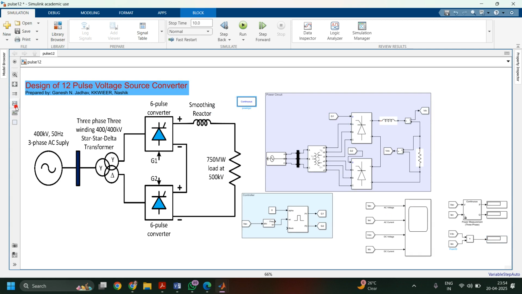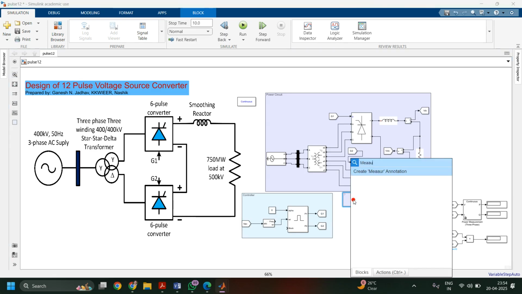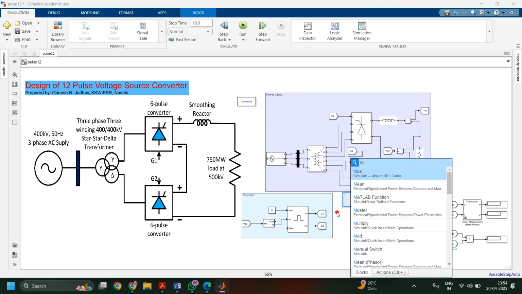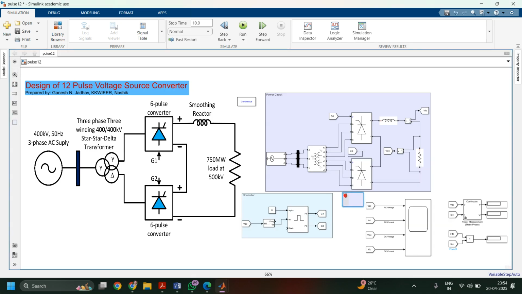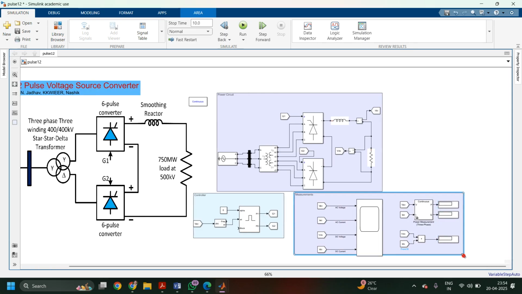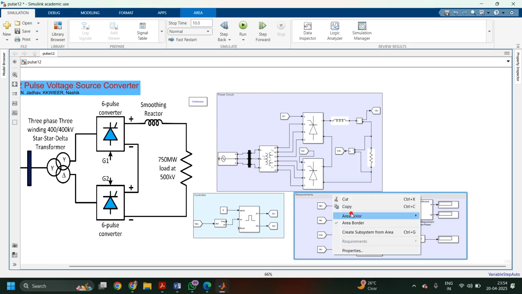So this is another area which we have created for measurements. Okay, so this is totally the measurements area. You can change its area color and make it green.